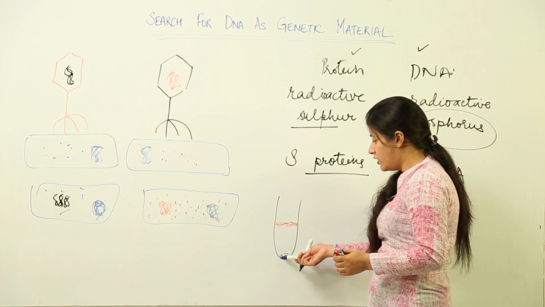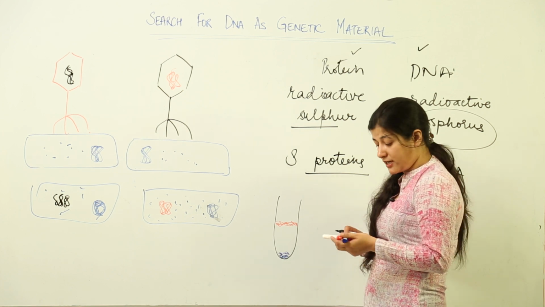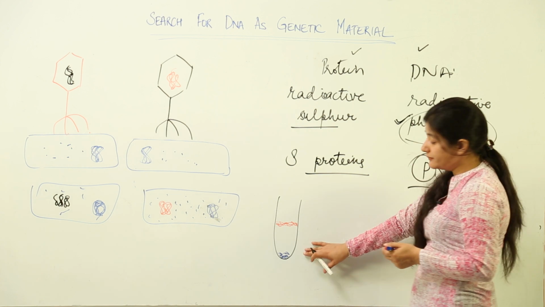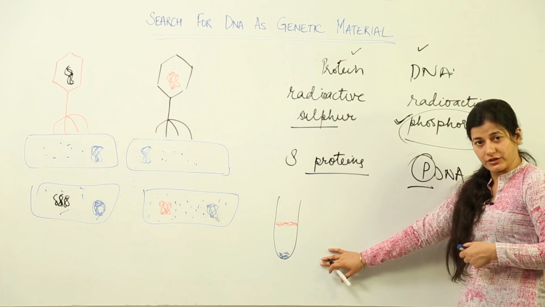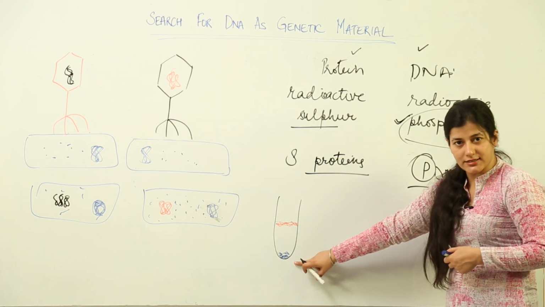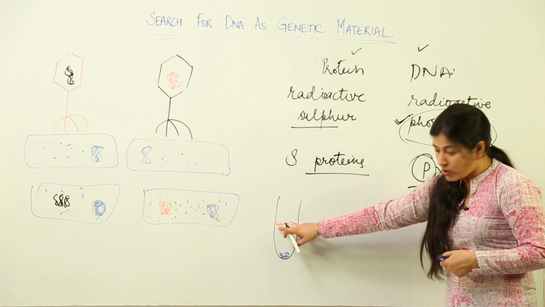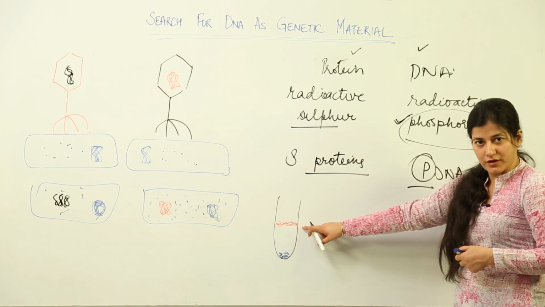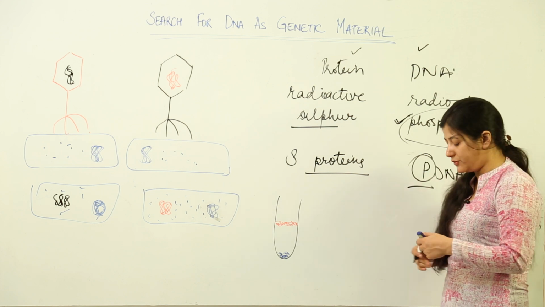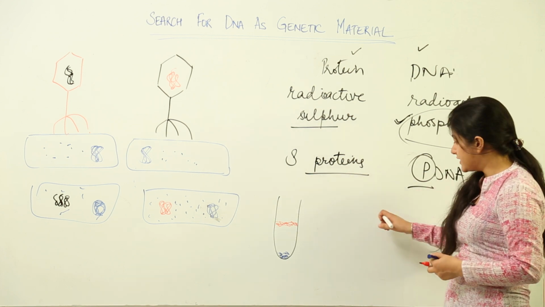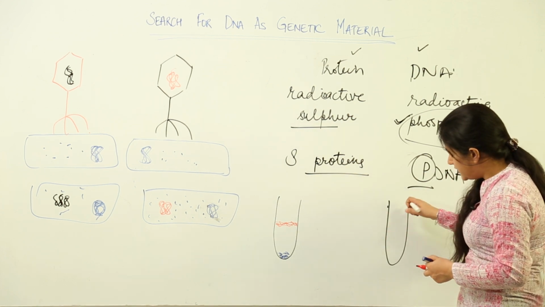Okay. So the supernatant has radioactivity, that means it has not entered the cells. The infection has gone inside the cells as a result of blending, but what was radioactive stays above. That means the protein stays outside. What goes inside is the DNA.